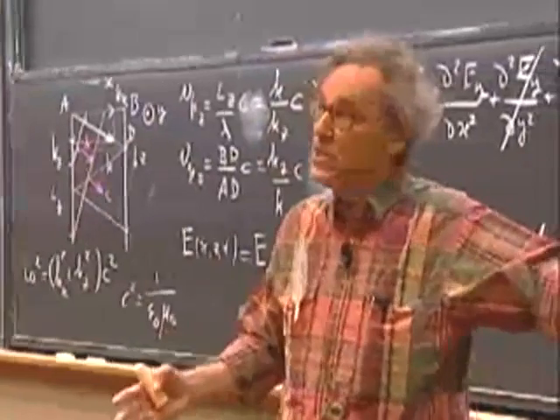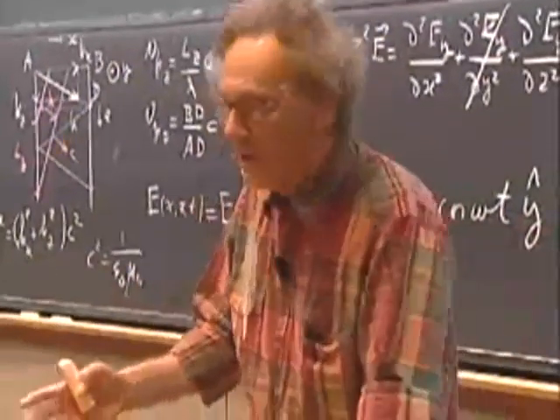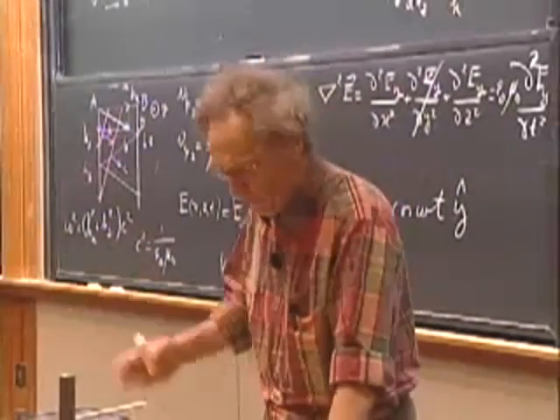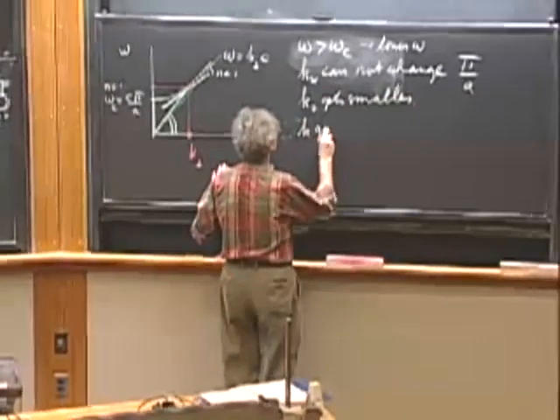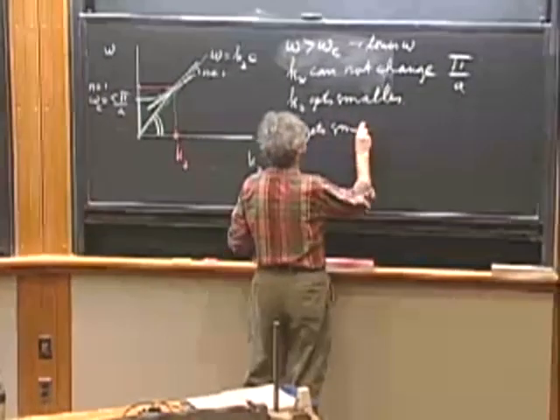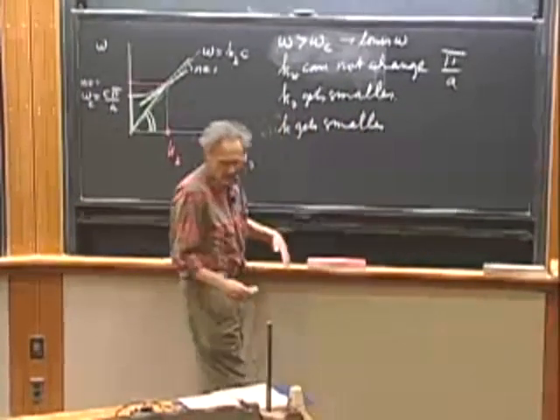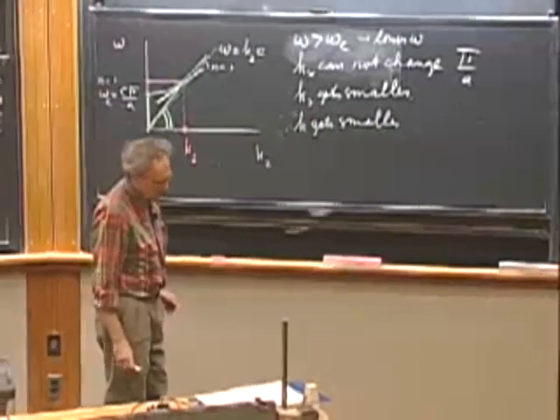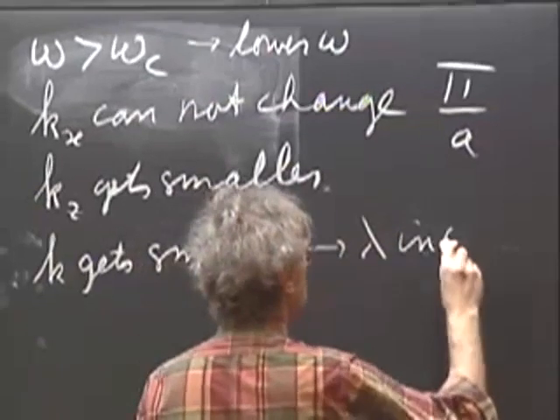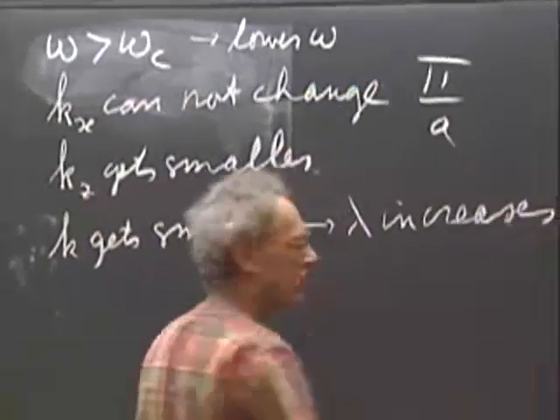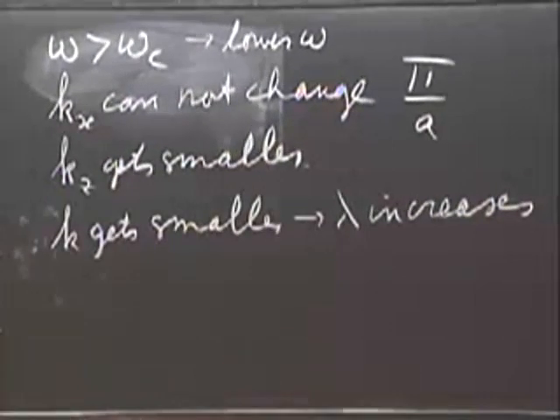And that means kz comes down in this case, because kx is not going to give up. And so k gets smaller. And if k gets smaller, then of course lambda increases, because lambda is 2 pi over k.